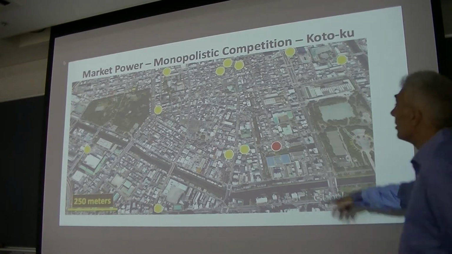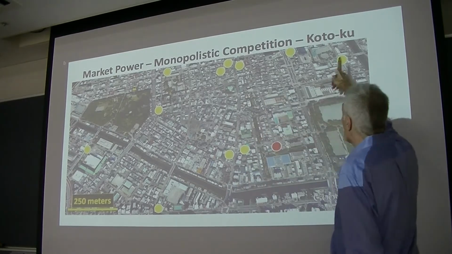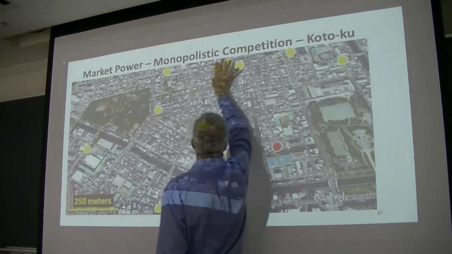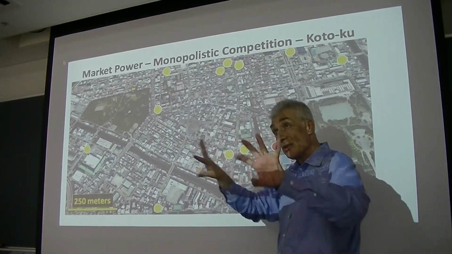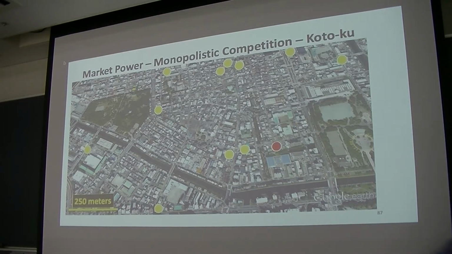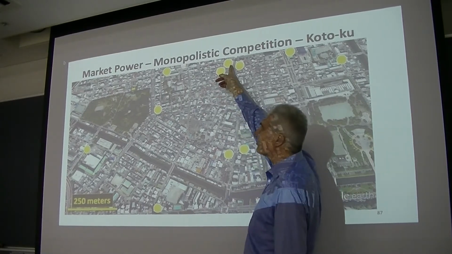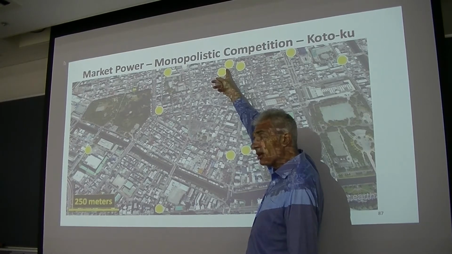Some of them are clustered, but if you look, even in the cluster, there's a regular spacing, some kind of spacing to some degree. They avoid each other. This is kind of the center of a shopping area, and these aren't really quite the same. One of them is a Hyakuan discount store.